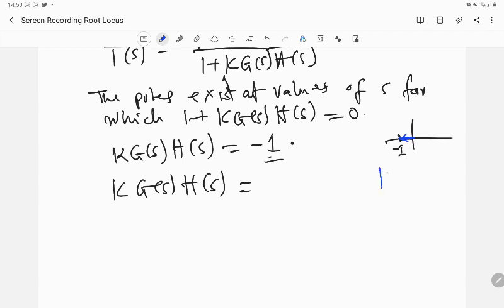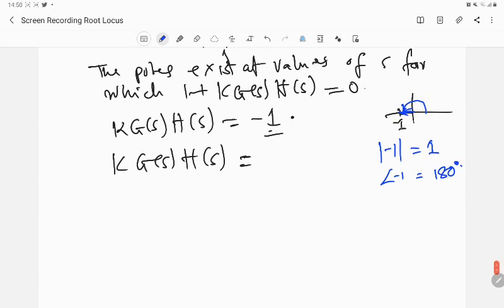So the magnitude of minus 1 equals 1, and the angle is going to be 180 degrees. Of course, if you add 360 to it, that will be 180 plus 360, which gives you 540, and you know that 540 in terms of angle is the same as 180. So by adding 2 times 180 to it, we don't change anything.